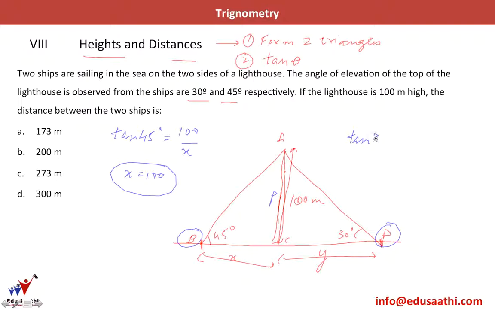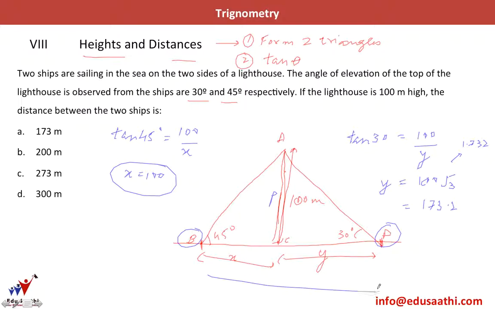So I have tan 30 is equal to the perpendicular, which is 100, divided by the base in this triangle, which is y. So tan 30 is 1 by root 3, so I get y is equal to 100 root 3. Root 3 is nothing but 1.732, so this gives me 173.2.